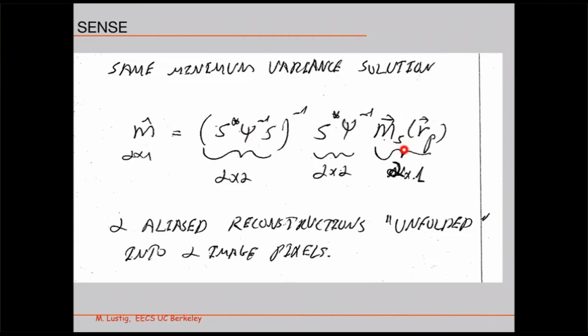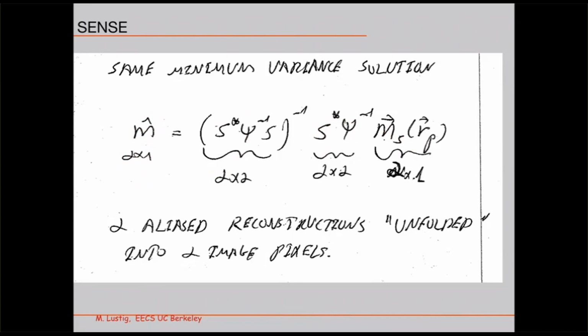Because we got a pixel from coil 1 and a pixel from coil 2 at the same position. The result will be 2 different pixels, M at position R1 and M at position R2. That's here. So it's a 2 by 1. And then this is a 2 by 2 and this is a 2 by 2. Before, it was different sizes. Something like that. Does that make sense?